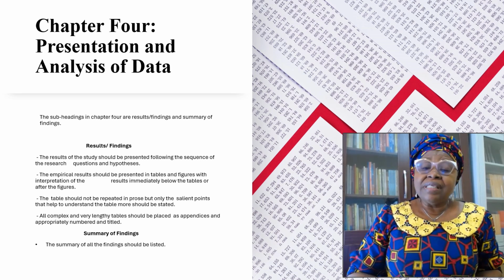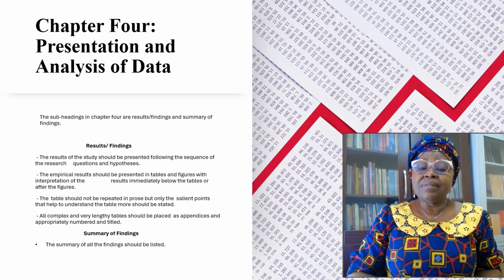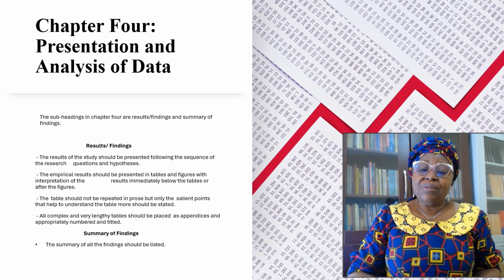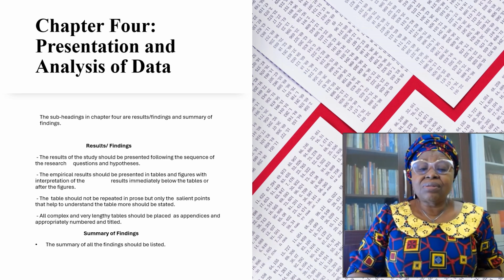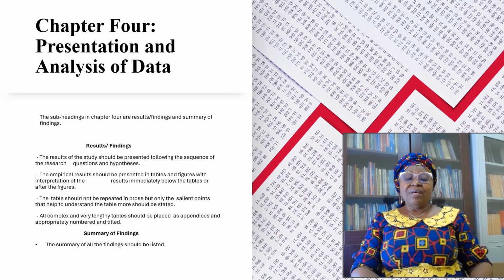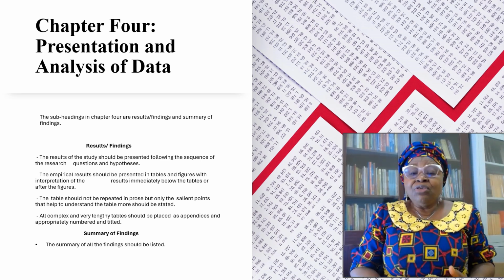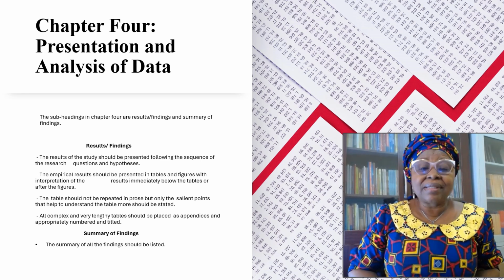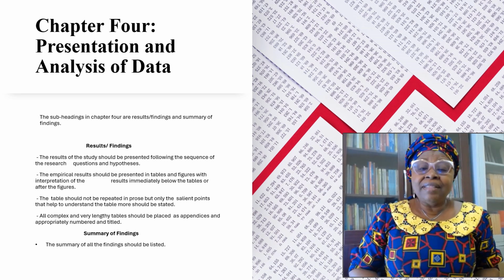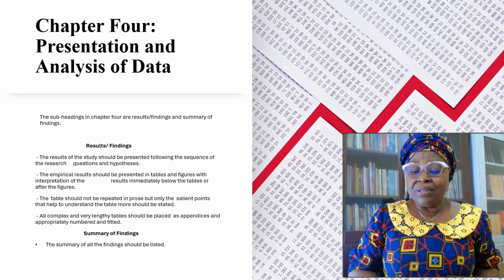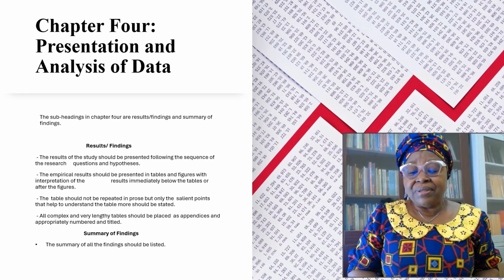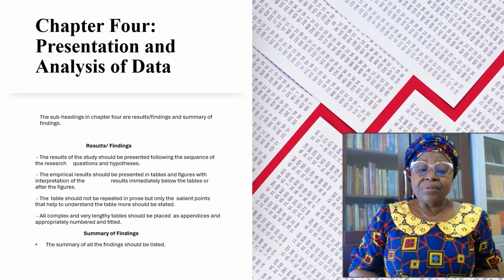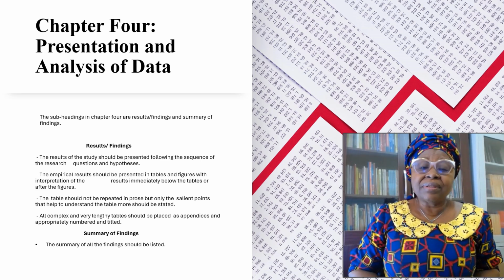The empirical results should be presented in tables and figures with interpretation of the result immediately below the tables or after the figures. The table should not be repeated in prose, because that's what some people practice. They have the table and then come and repeat all the figures in the table.